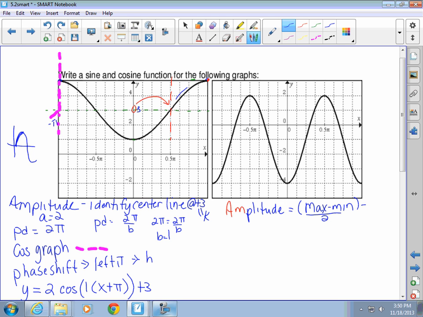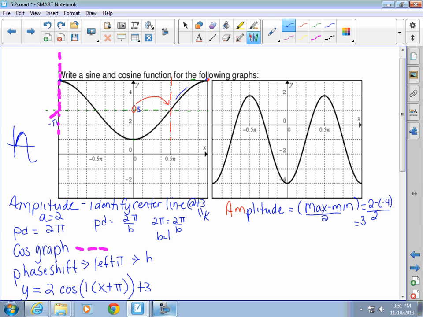So in this case, my maximum value was a 2, my minimum value was a -4, and if I divide that by 2, 2 plus 4 is 6, divided by 2 is 3. So if you have problems by looking at your graph and just counting to see where your center line would be, then you can use this formula, your max minus min divided by 2.